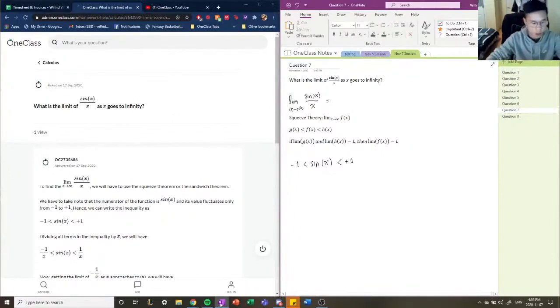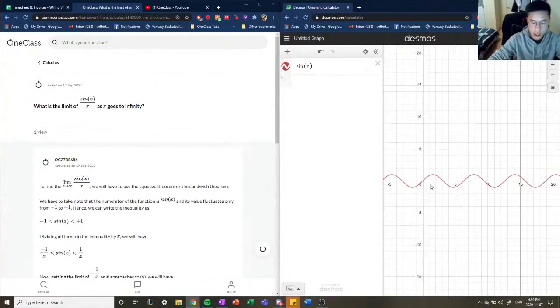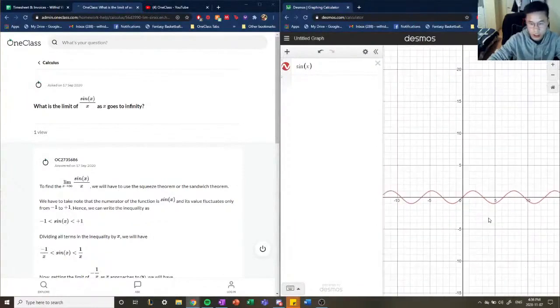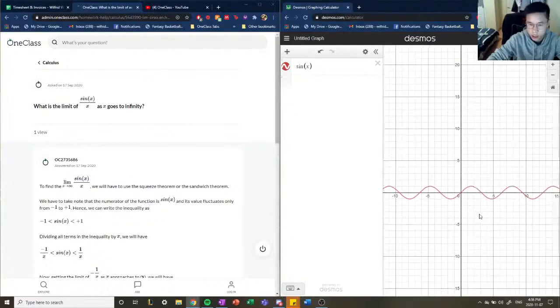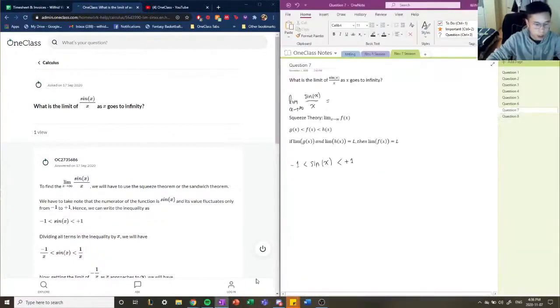So we look at the function sine. Let me graph it for you guys. Sine of x. We always see that the range of sine of x is restricted to +1 and -1. There's never sine x equals -5 unless you have some alterations to it. Okay, so we know that for a fact.